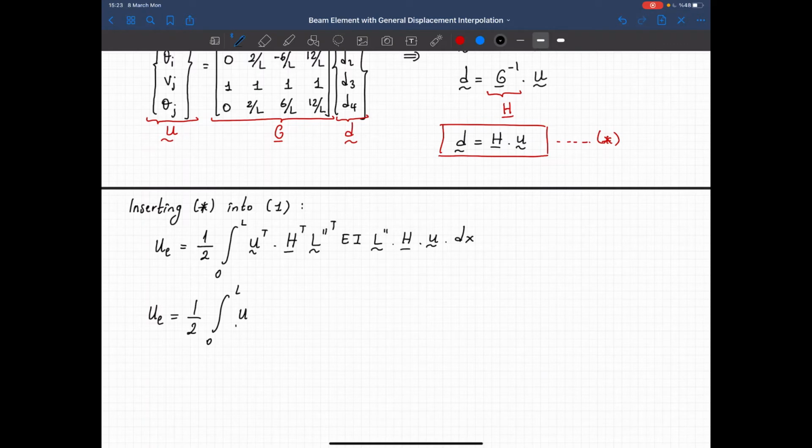I have the U transpose, H transpose. I have the element stiffness matrix evaluated in the general displacement field multiplied by H U dx. And this equation is the classical element stiffness matrix that we know.